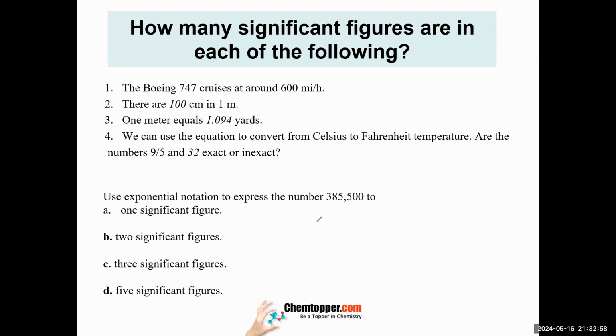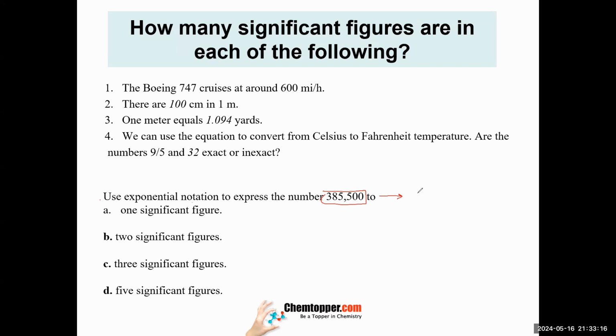Now let's apply all these rules which we have just done on this question. You have to represent this number in scientific notation. Exponential notation means scientific notation.